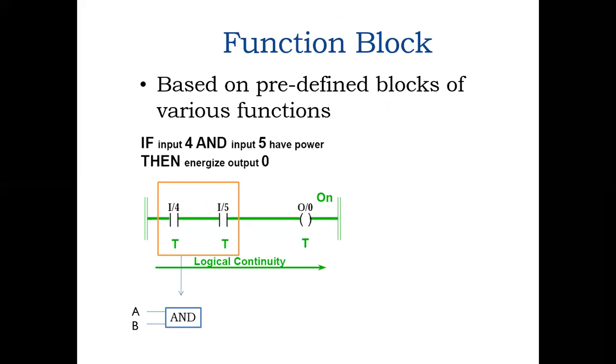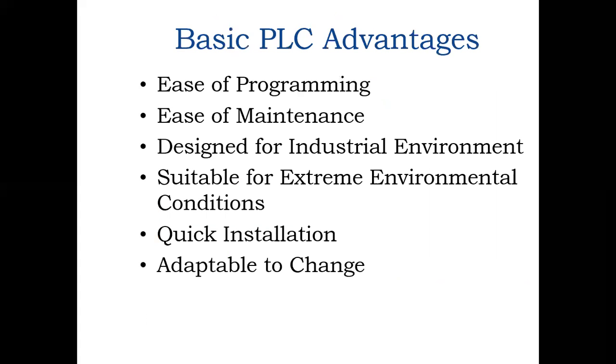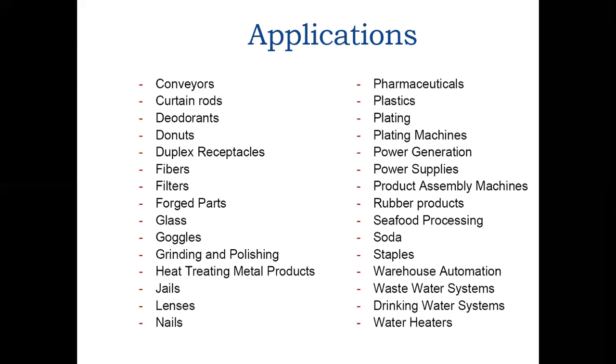This is one functional block. Based on predefined blocks of various functions, if input 4 and input 5 have power, then energize output 0. The advantages of PLC are ease of programming and maintenance, design for industrial environments, suitability for extreme environmental conditions, quick installation, and adaptability to change.